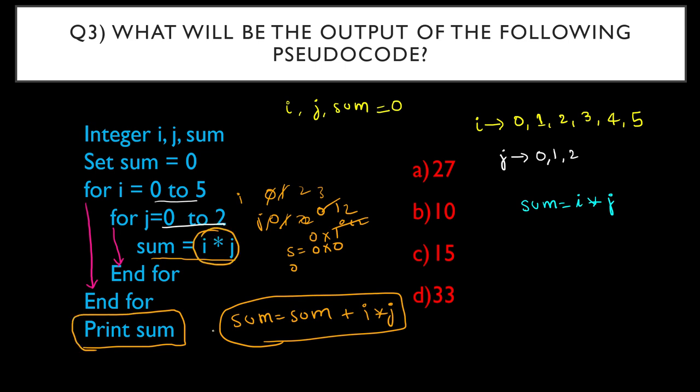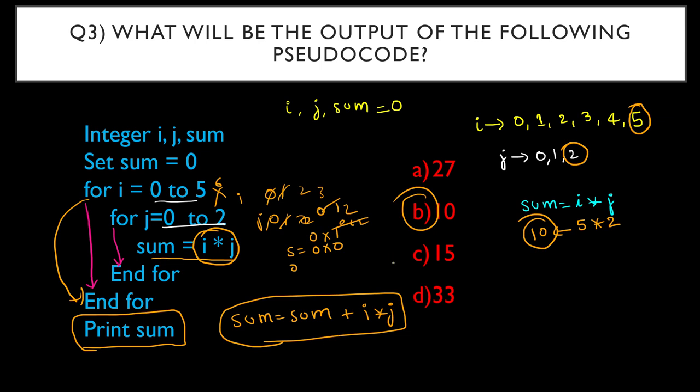What is the last value that will be calculated? It is calculated when the value of I is 5 and the value of j is 2. At that time sum is equal to 5 into 2, that is nothing but 10. Afterwards, when the value of I becomes 6, this condition will fail and you will go and print this sum. So the output, that is the answer, will be option B, 10.